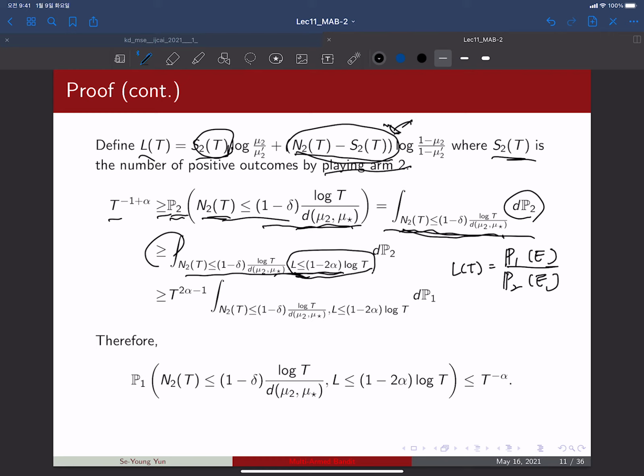For the positive event, we have mu2 probability under the P1 model, and mu2 prime probability for the positive outcome under the P2 probability measure. We have a fraction like this. Oh, sorry, this is log.